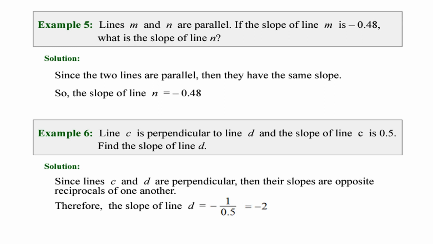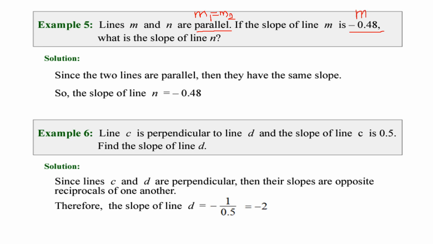And the question about parallel and perpendicular: the lines M and N are parallel. So if you have a question for parallel, what is the condition? We should remember the condition for parallel lines, M1 equals M2. The slope of the line M is given, so the slope of the first line is M1.